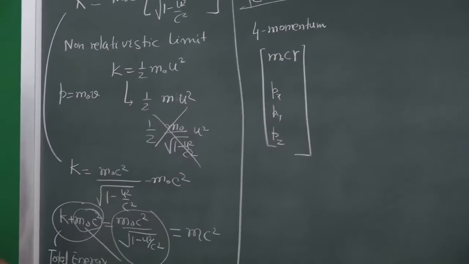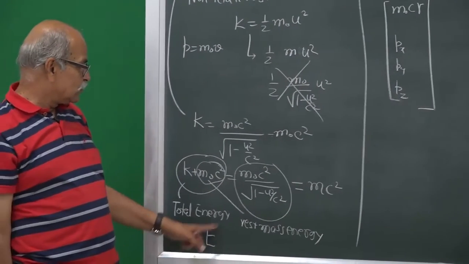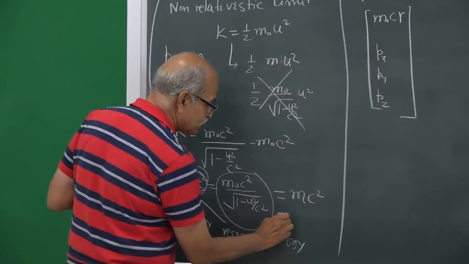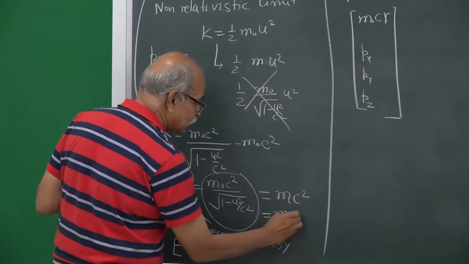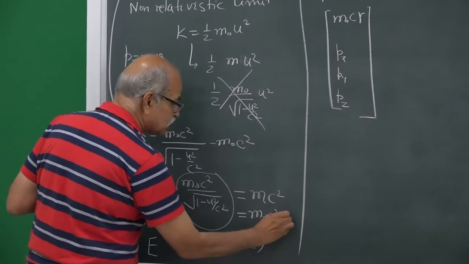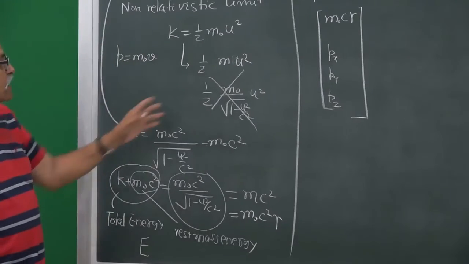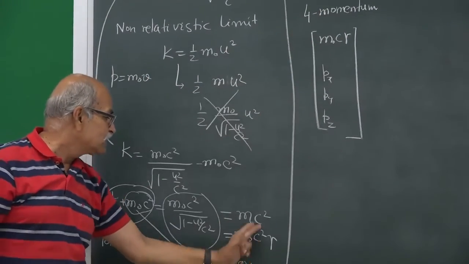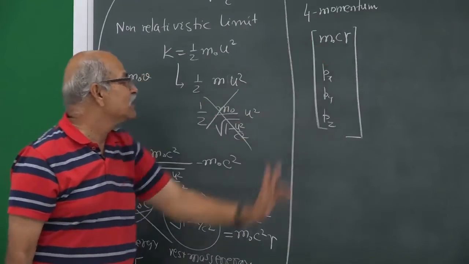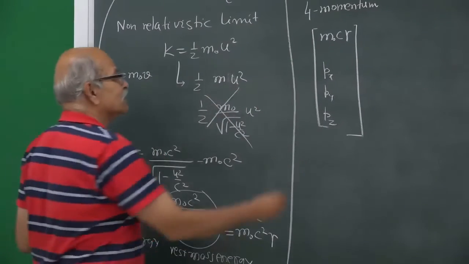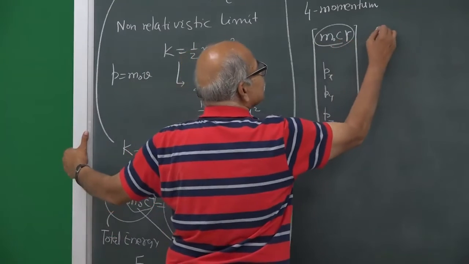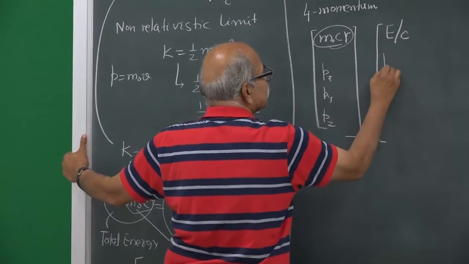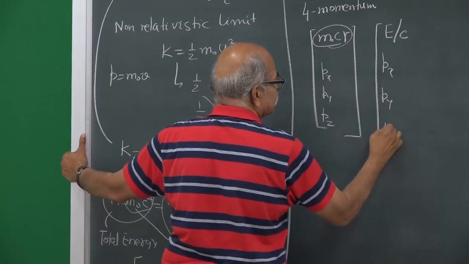And if you see from here, E is equal to m naught times c square times gamma, right. This is m naught c square and this is gamma. And here the 0th component is m naught c gamma. So, m naught c square gamma here, m naught c gamma here. So, it is nothing but capital E by c, total energy by c, px, py, pz.